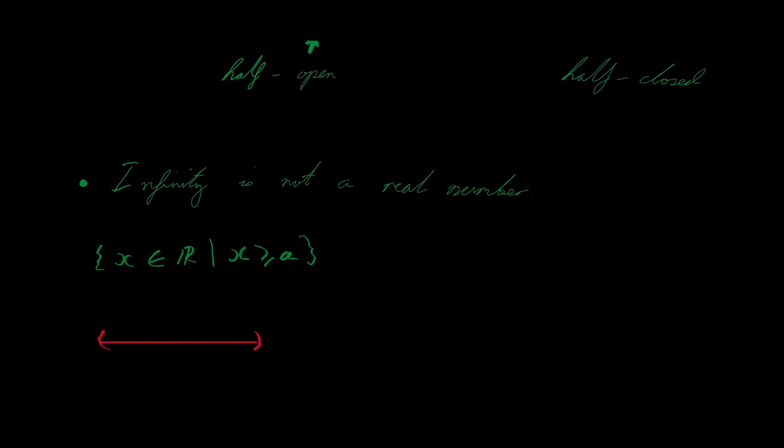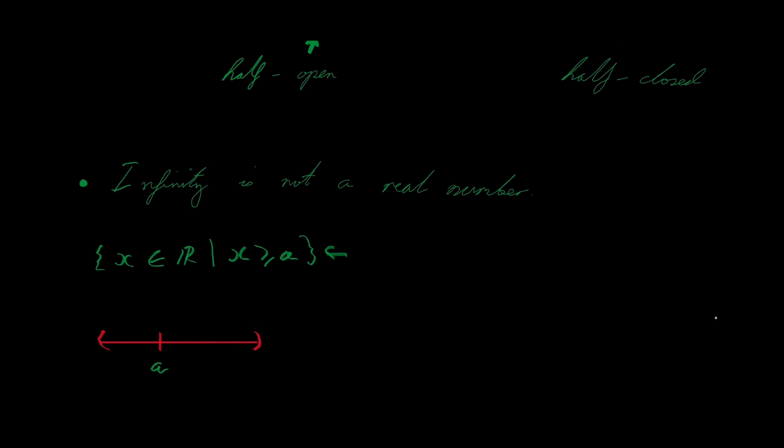There's just one real number. Well, there's infinitely many real numbers in this interval, but only one arbitrary real number is referred to in terms of endpoints. So let's put a anywhere. This set here is just all of the real numbers bigger than a, including a.